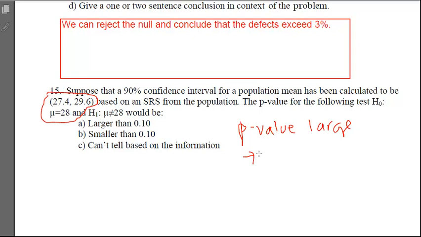A large p-value implies that you don't reject. And so in this case, it would be larger than 0.10, sorry, not 0.01. So larger than 0.10.